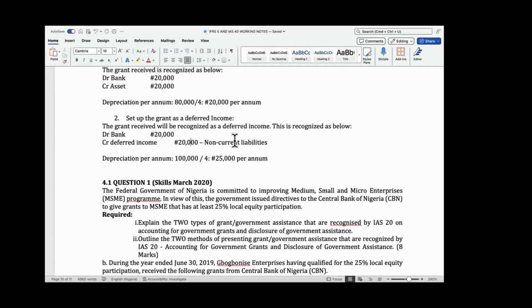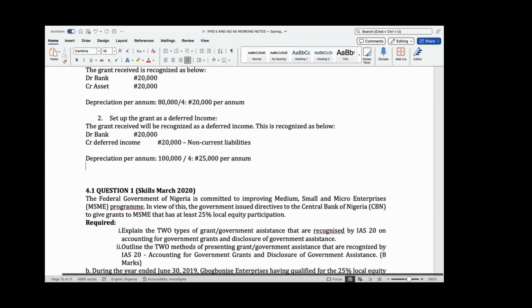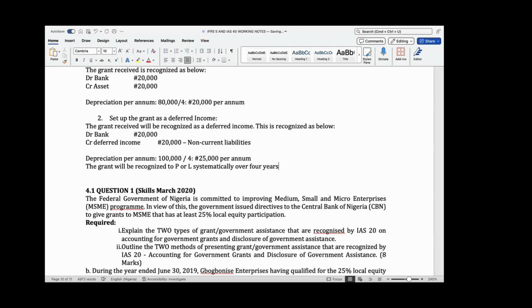So that means in this case now, the grants will be recognized to P&L systematically over 4 years to align with how the asset is used.